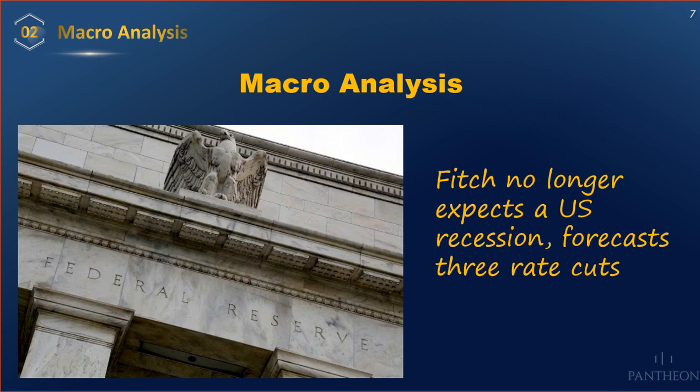Since Fitch's chief economist has released the interest rate cut forecast for 2024, this may reflect their view of the future trend of the US economy. Forecasts are usually based on current and expected economic data, policy trends, and other relevant factors. They do not come from thin air.